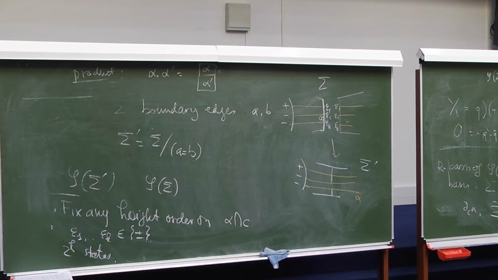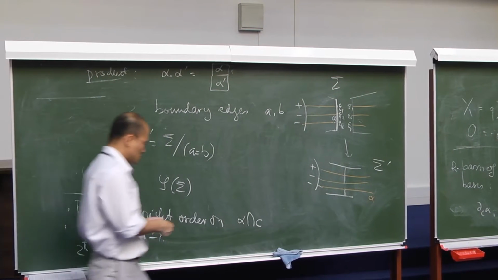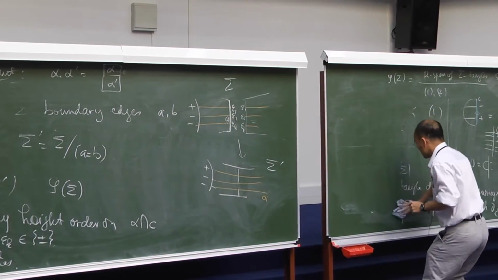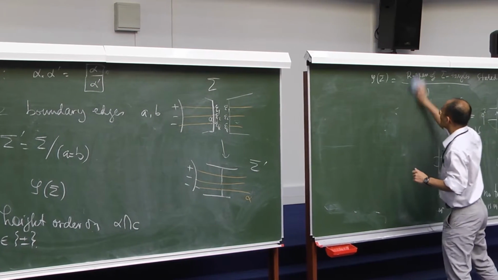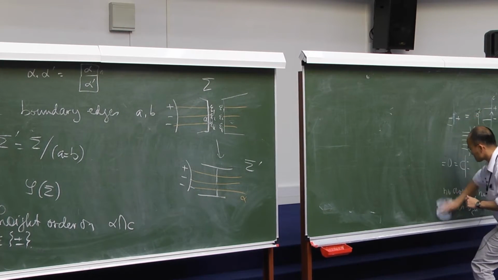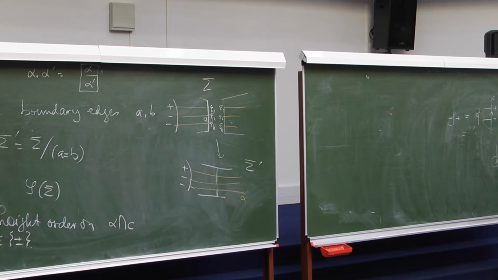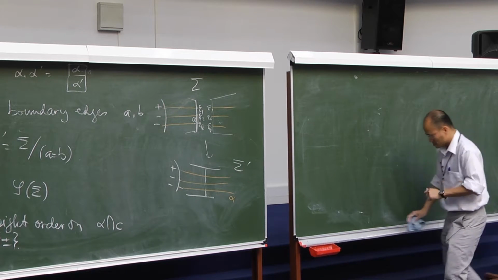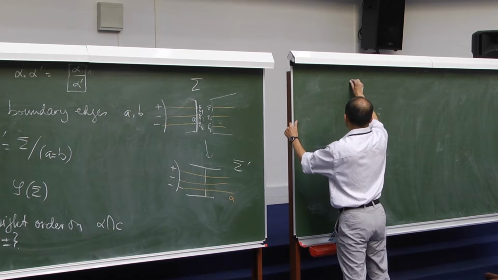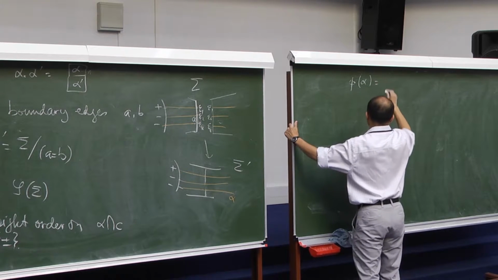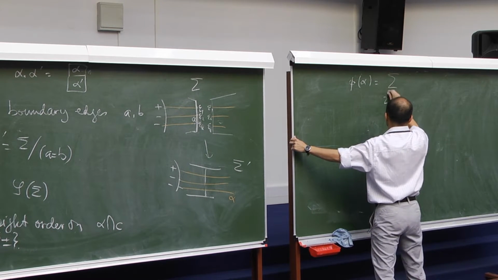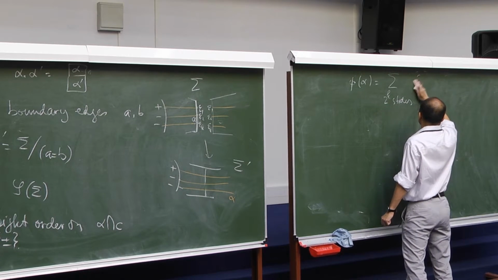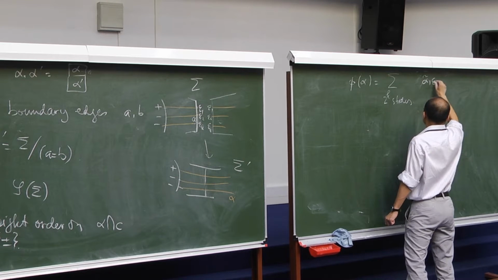When I do the split, now I can form the following elements. So I can form phi of alpha to be the sum of these 2 to the k states of this alpha theta with epsilon.